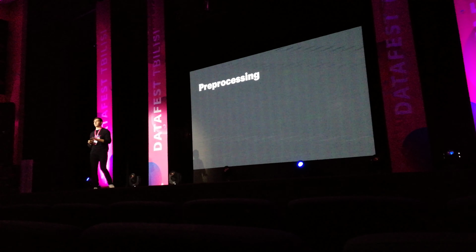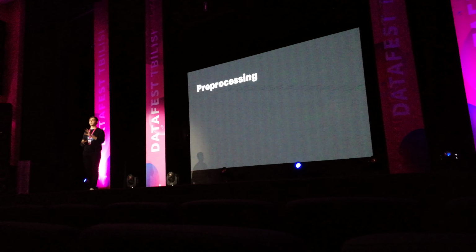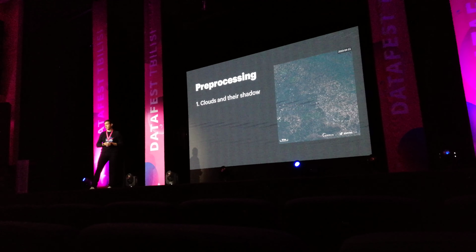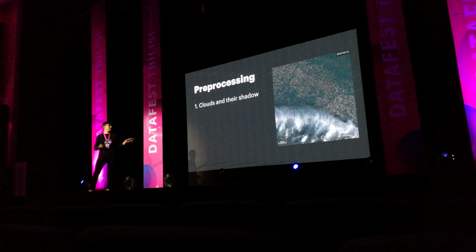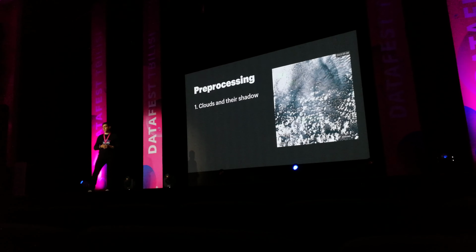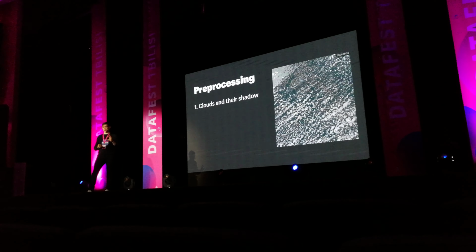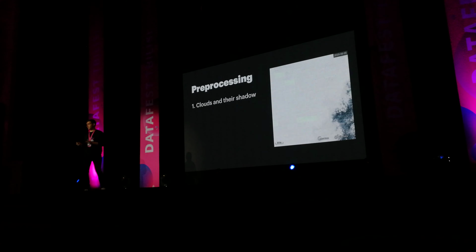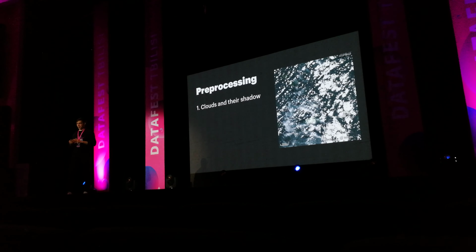A few words about preprocessing. What kind of preprocessing do we need? First of all, you can see that satellite data have a lot of clouds. They can be covered by clouds for almost most of the year.